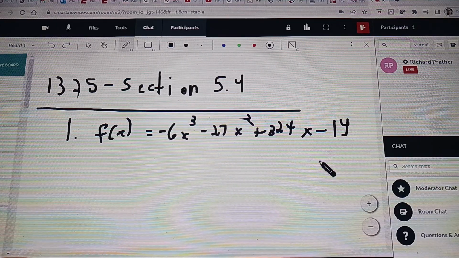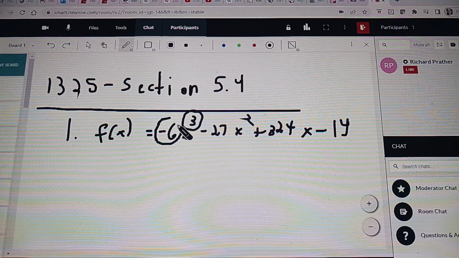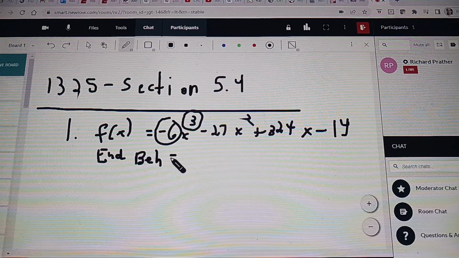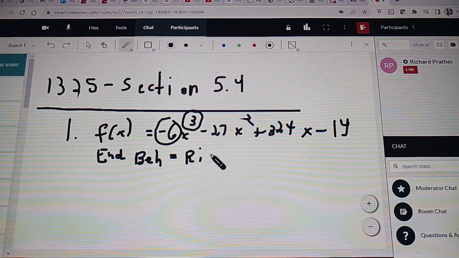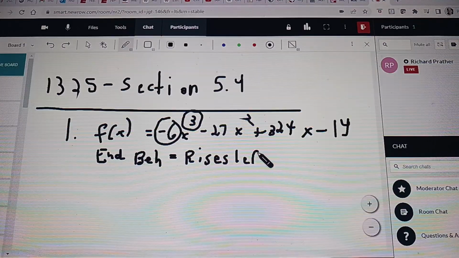So we can also use knowledge from other math subjects, as I mentioned. So something like with a polynomial here, if you know how end behavior works in algebra, an odd degree with a negative leading coefficient is going to have end behavior where it's rising on the left and falls on the right.